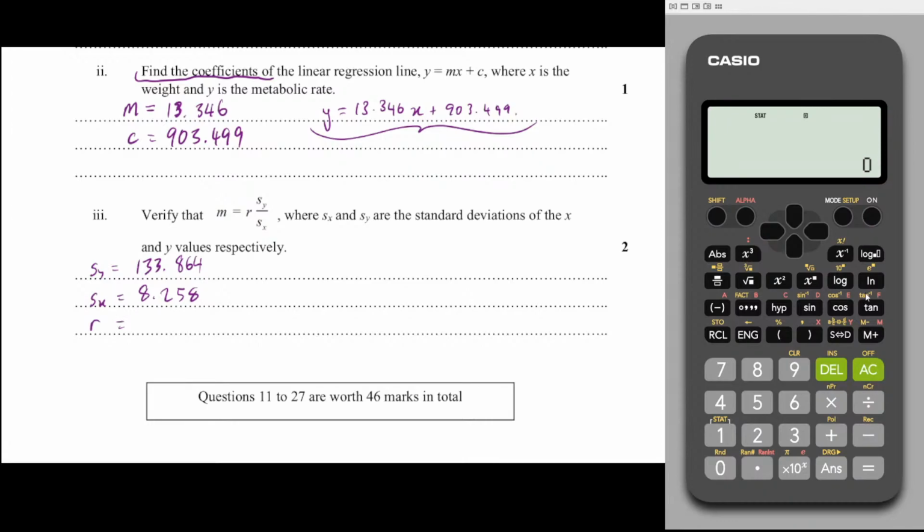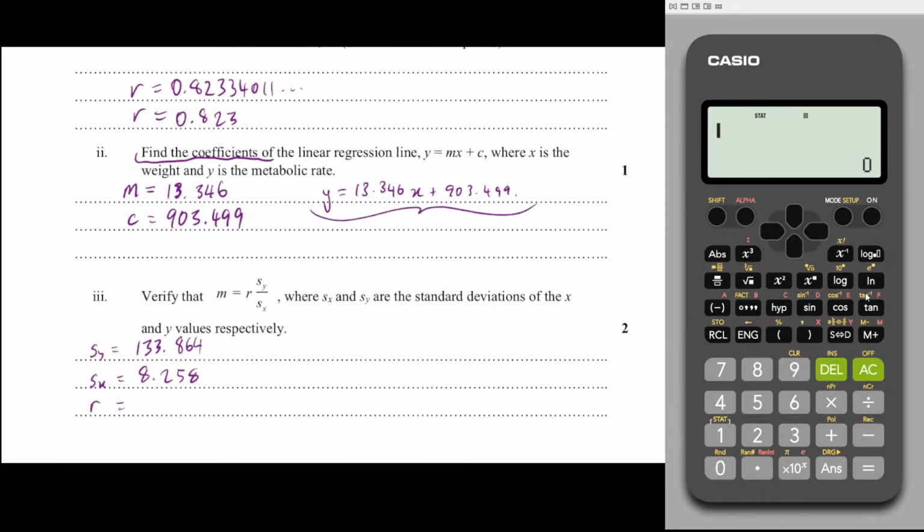So the first way I said is we could actually substitute these values in and see if it works. So we should end up with our gradient, so 0.823. So sub these in, and we get m is equal to 0.823 times, remember because there's a times in between these two, it's going to be 133.864 over 0.823.